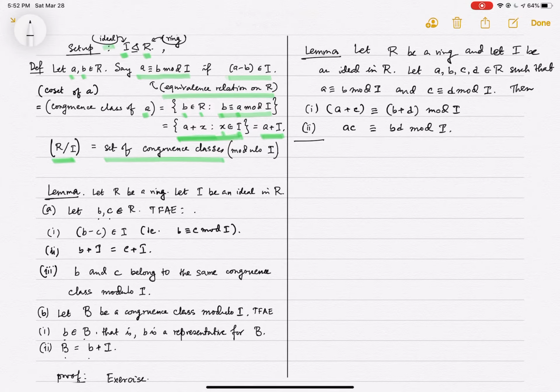Let R be a ring and I be an ideal, same setup. Given b and c in the ring, the following are equivalent: b minus c is in the ideal, which is the same as saying that b and c are congruent modulo I; the class of b is the same as the class of c; and b and c belong to the same congruence class modulo I.